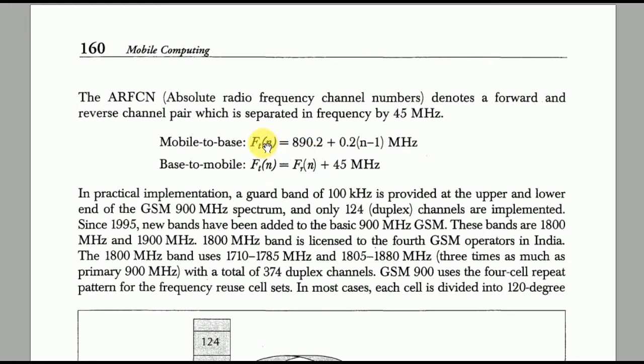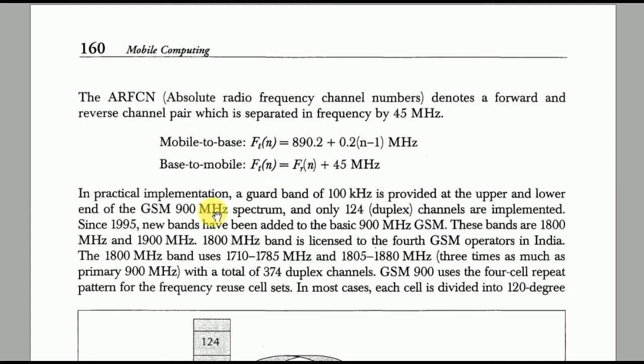We have studied that there is a 45 megahertz difference between the Ft of n and Fr of n frequencies. The value of n will be 1 to 124.